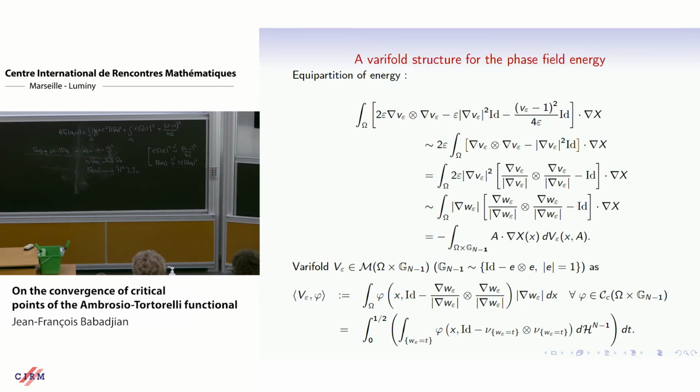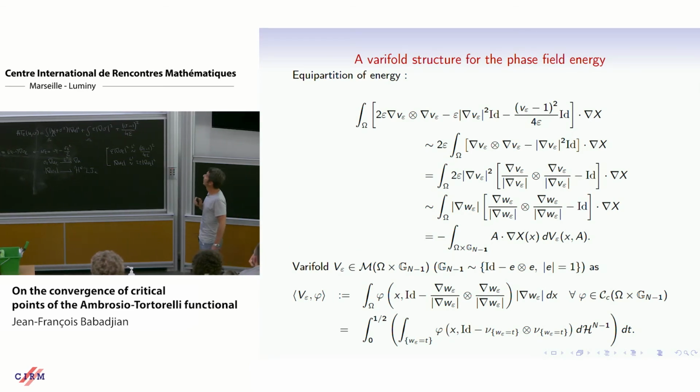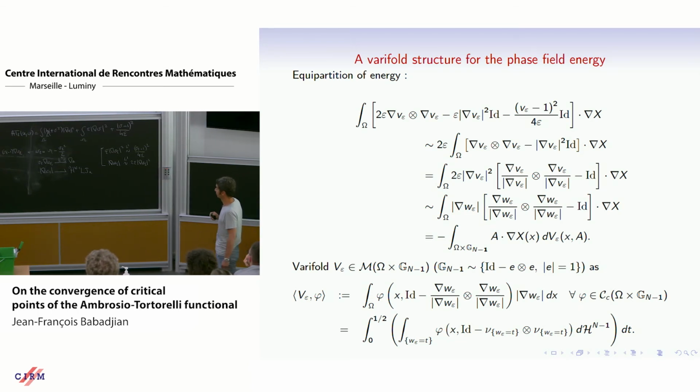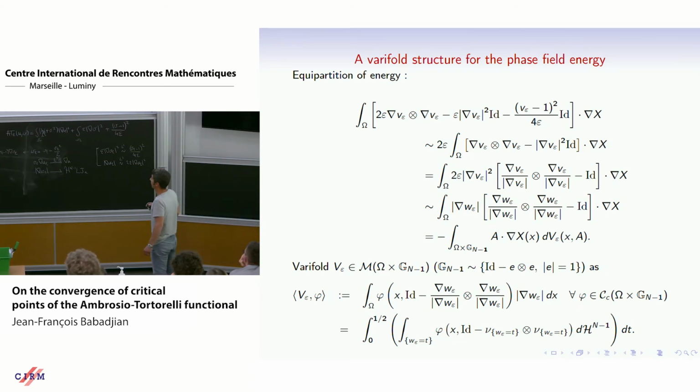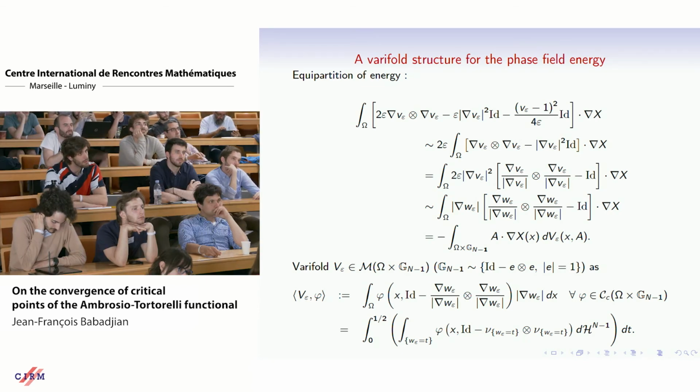And now I recognize a so-called varifold structure for this phase field part of the first variation. So let me explain in a few words what a varifold is. In this context, we want to recover information at first order for a geometric object.